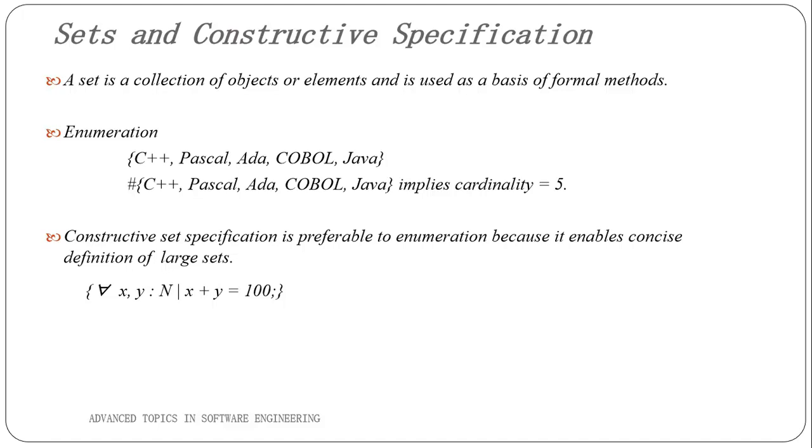Next is constructive set specification. Constructive set specification is preferable to enumeration because it enables concise definition of large sets, as shown here with an example: for all x, y that belong to the set of natural numbers, the vertical bar shows that such that x plus y is equal to 100.